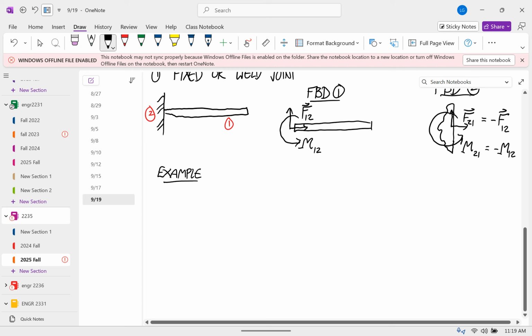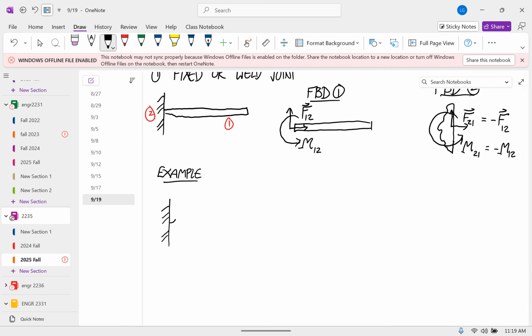So the first one, let's say there's a hinge connected to the wall and a big plate connected to the hinge. And we'll say that this length is 0.5 meters and this length is 0.3 meters.